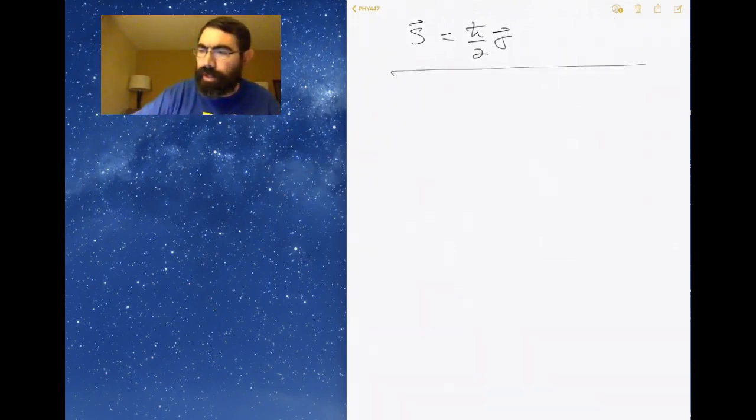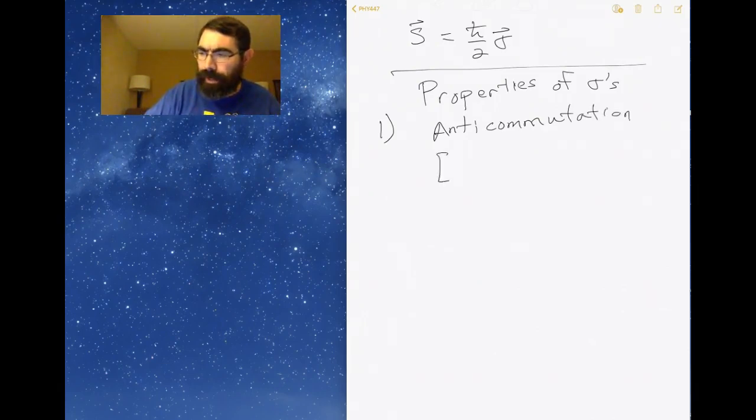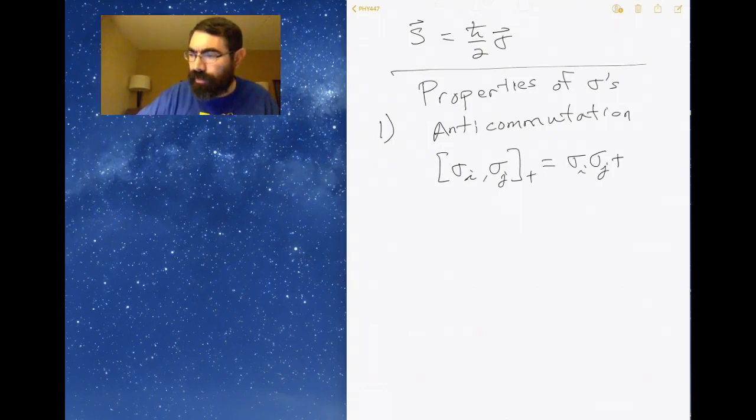The properties of the sigmas are, one, they have an anti-commutation relation, where the anti-commutator of sigma i and sigma j is sigma i sigma j plus sigma j sigma i.